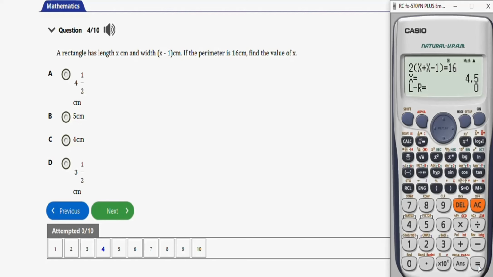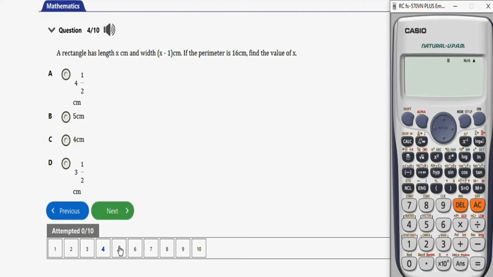So we have it to be 4.5. And 4.5 is approximately, let's check this, it has to be option A. So 4 times 2 is 8 plus 1, that's 9 divided by 2, which should give you 4.5. Put in decimal. Exactly, the right option is option A. That's it for this question.